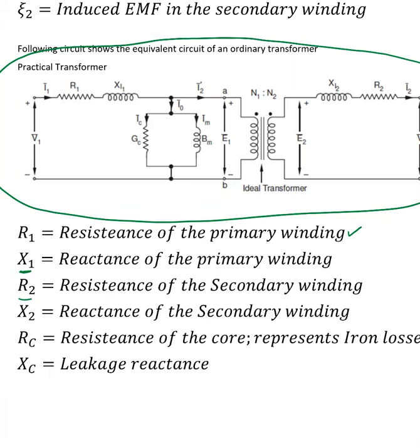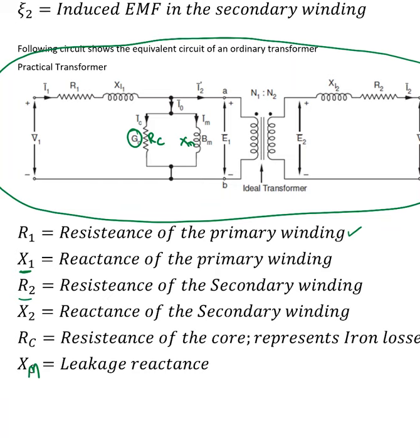RC, the resistance of the core, represents the iron losses. Here I mentioned ZC, but basically that's RC, and this is XM. XM represents the magnetizing reactance of the core.